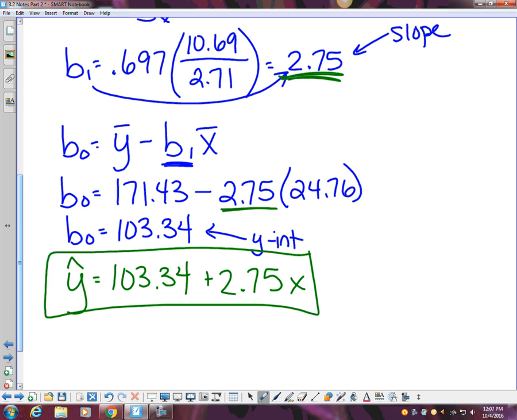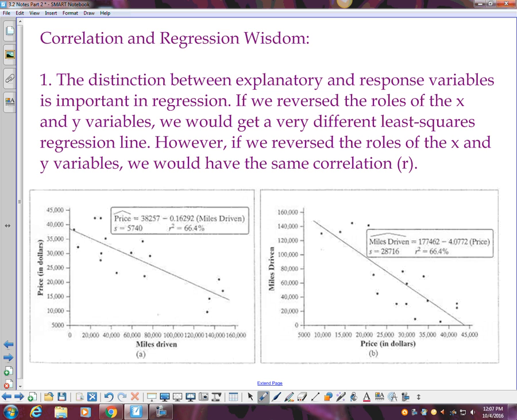Okay, the last thing we have to talk about for correlation is just a little correlation and regression wisdom. These are just sort of fun facts, food for thought. There are some really, really great multiple choice questions that can come out of this next section of the notes. Wink, wink, hint, hint. All right, here we go.